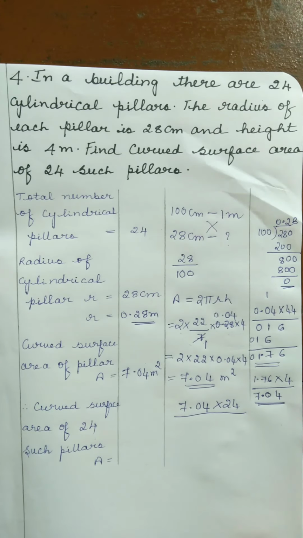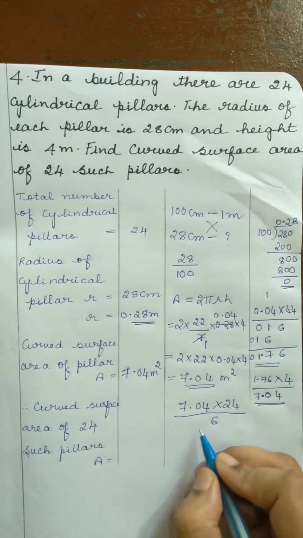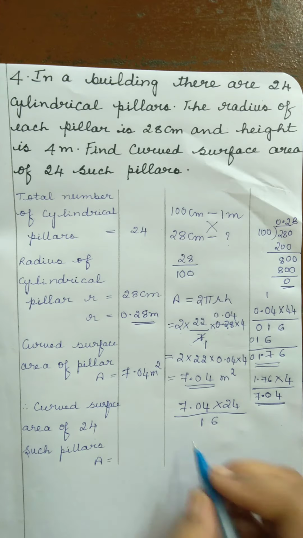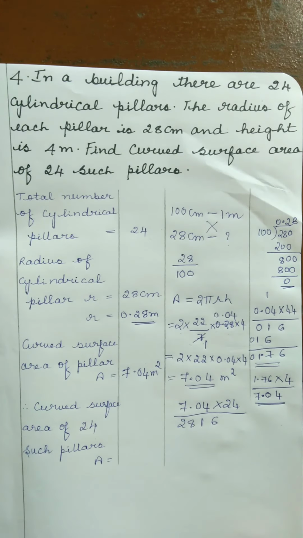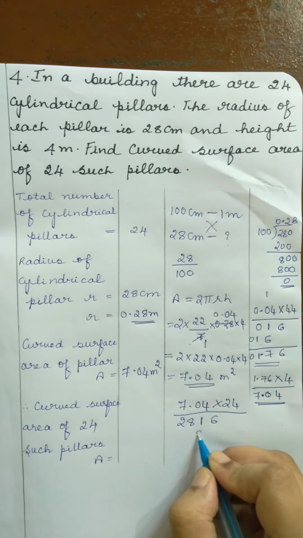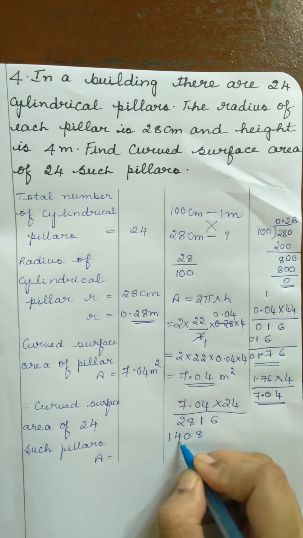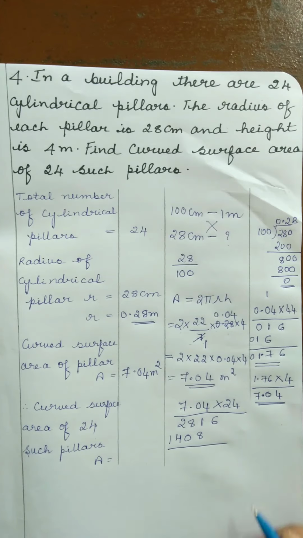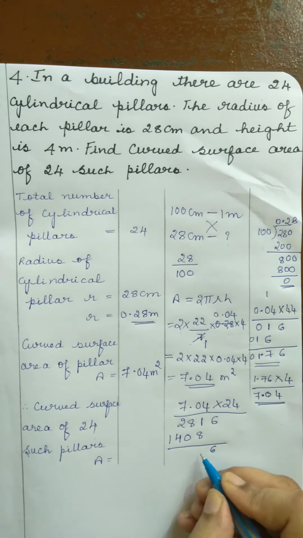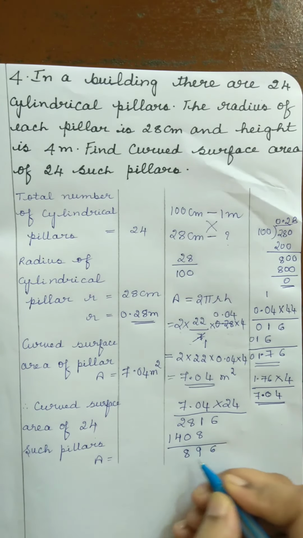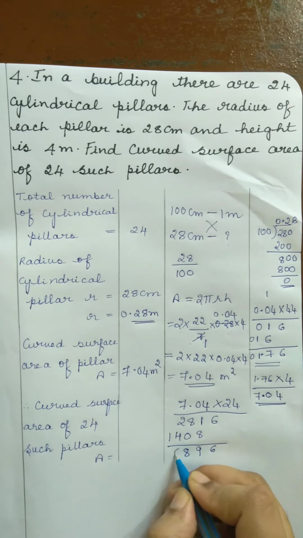On simplification, 4 4s are 16, 1 is remaining, 4 zeros are 0, plus 1, 1. 7 4s are 28. Then 2 4s are 8, 2 zeros are 0, 7 2s are 14. On further simplification, 6, 8 plus 1, 9, 8, 4 plus 2, 6, 1.